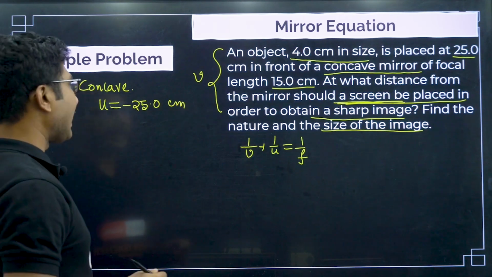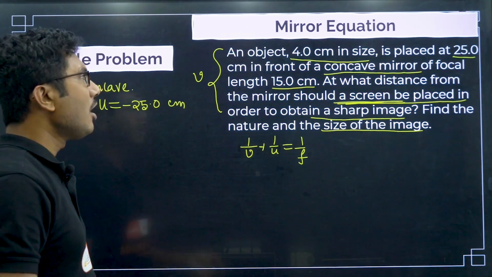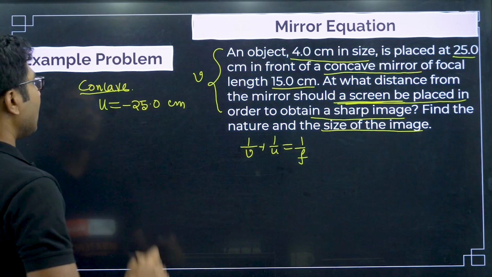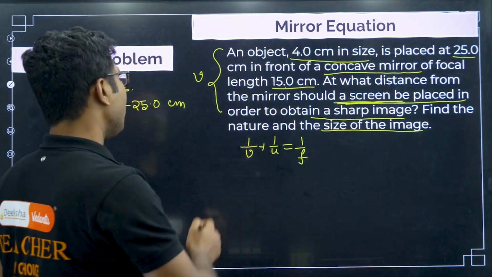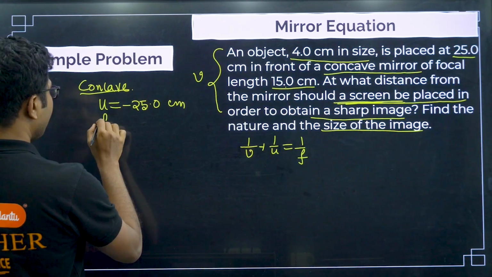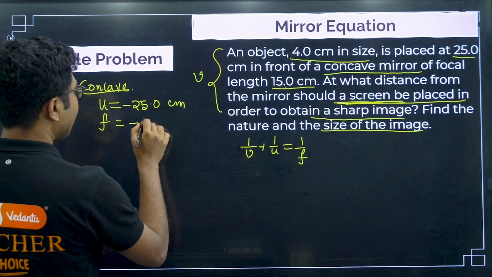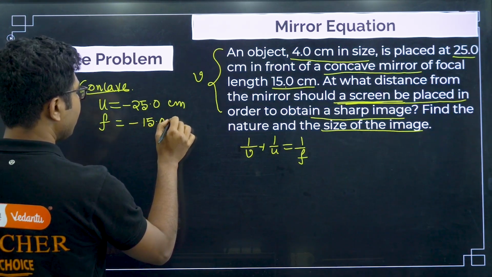U is always negative. And since it is a concave mirror, the focal length will also be negative, minus 15.0 centimeter.